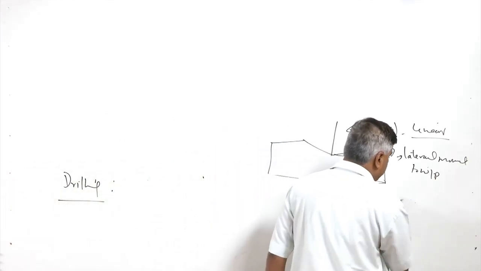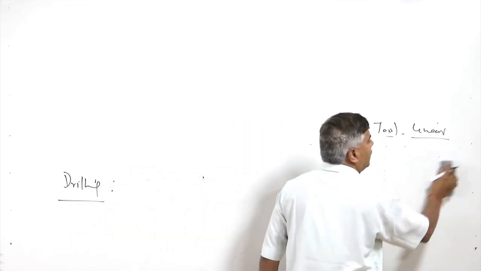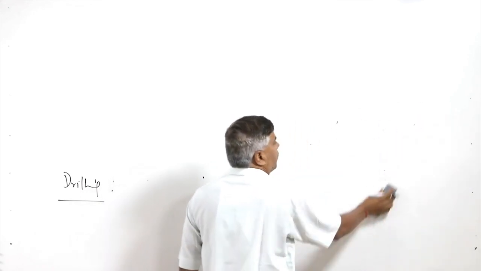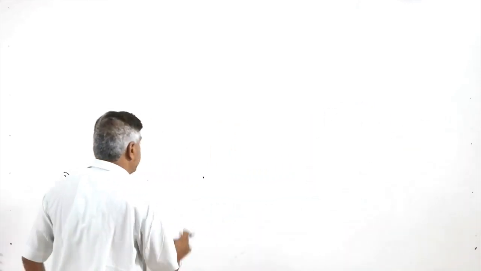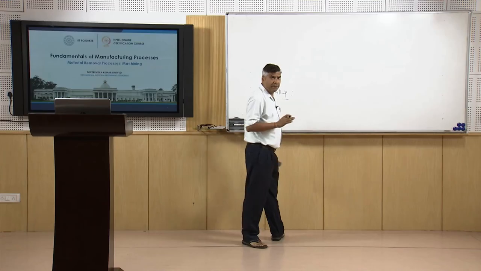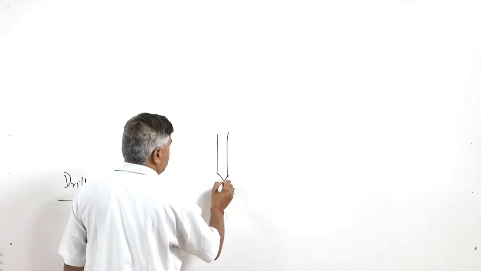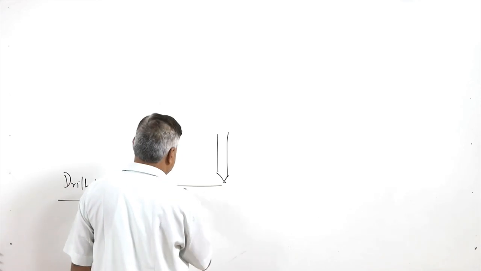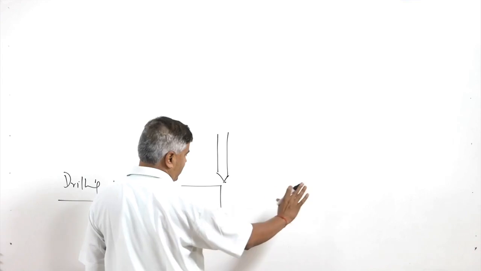Similarly, a similar kind of combination of movement is used in case of planing, wherein the reciprocating movement is given to the workpiece and the tool is kept fixed. So the tool location is fixed and the workpiece is subjected to the reciprocating movement past the tool.